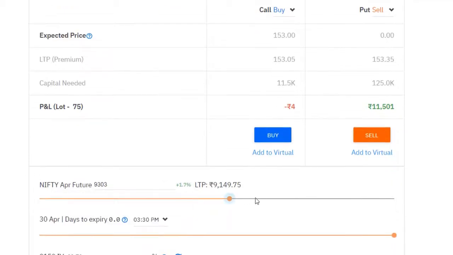So here's the price of the underlying. I'm going to vary this. You can see your P&L fluctuating. So let's just focus on this part because this is the call buy. This is your LTP and this is the expected price of the option. So you can see that the option price is increasing when the spot price, or the underlying price, or the Nifty price goes up, right?